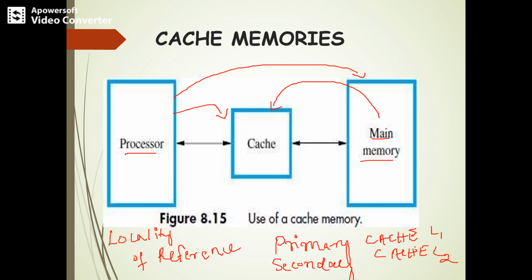Temporal access means that recently referred memory locations are likely to be referred to again. Spatial means that the memory locations in close proximity to a recently referred memory location are likely to be referred to soon.